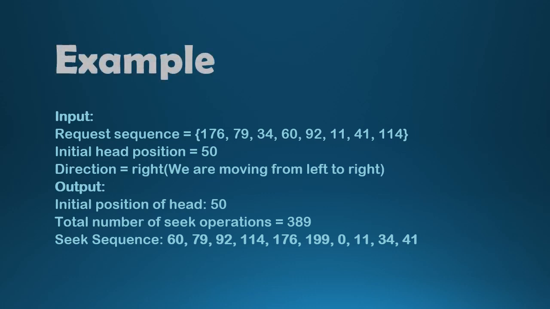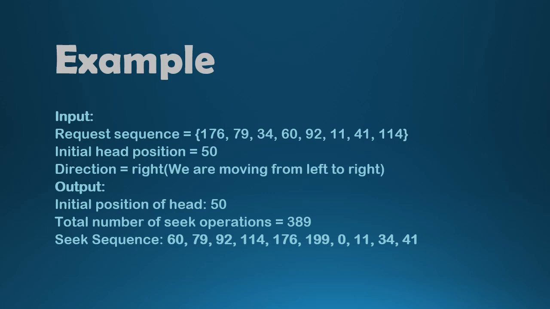Another example for the given algorithm: the input requested sequence is 176, 79, 34, 60, 92, 11, 41, 114, and the initial head position is 50. Direction is right; we are moving from left to right.